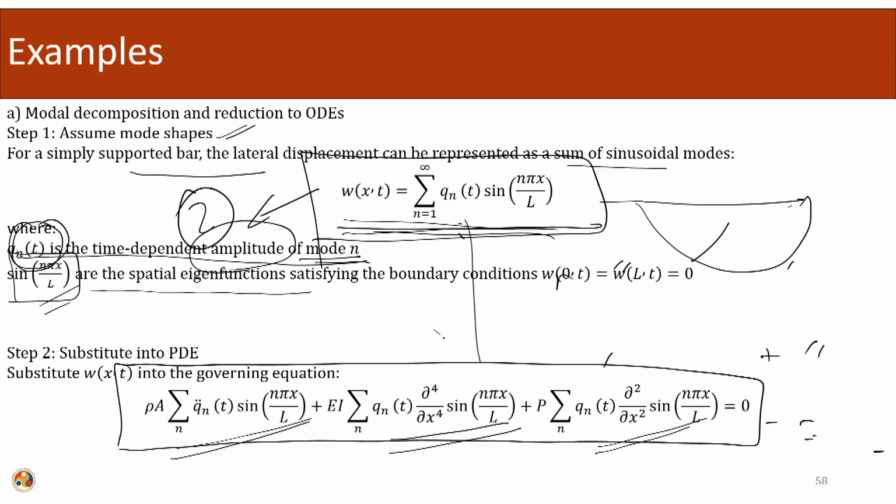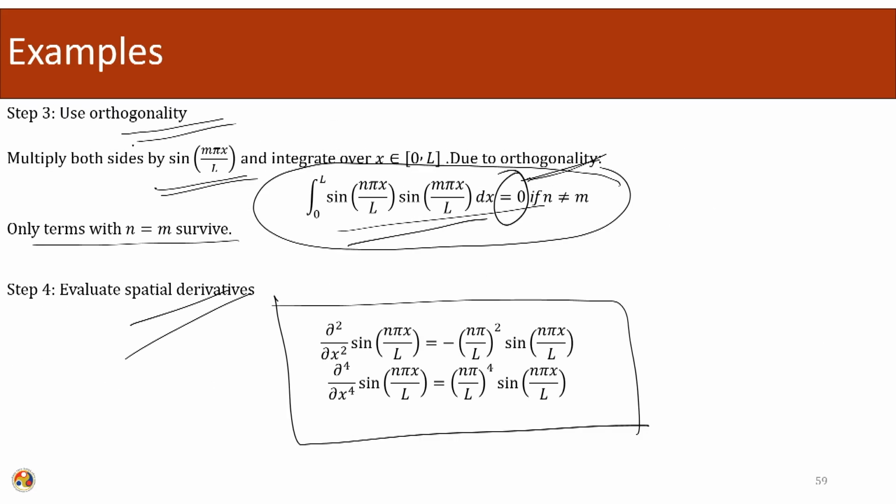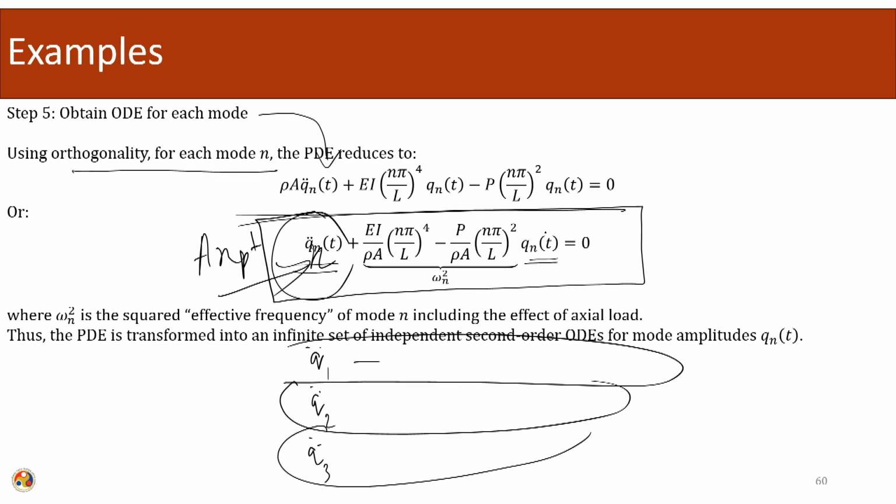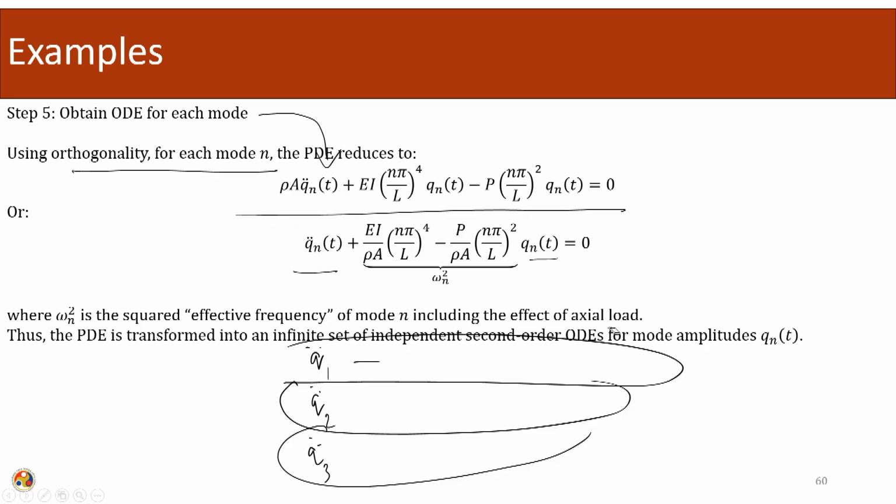We substituted this back into the parent equation, and using orthogonality, we separated out the terms. So, non-orthogonal terms went to 0. What remained was the orthogonal terms. When we put this back into the equations, we got ordinary differential equations for each mode. So, we are getting equations corresponding to each mode.